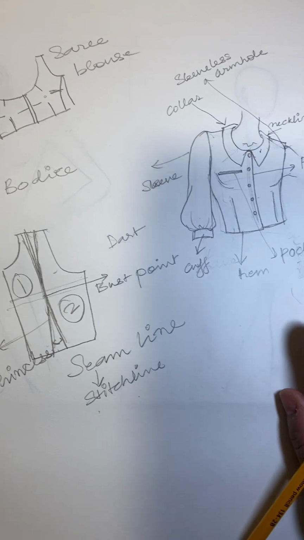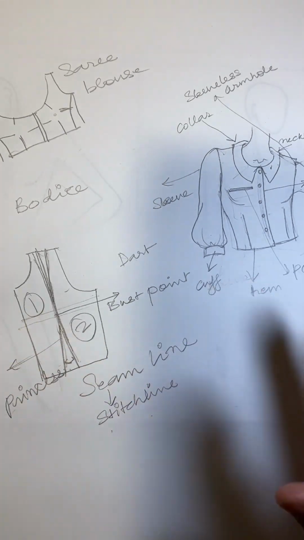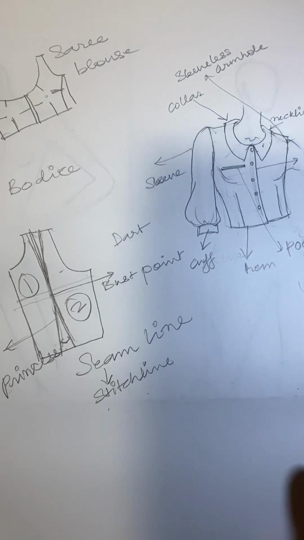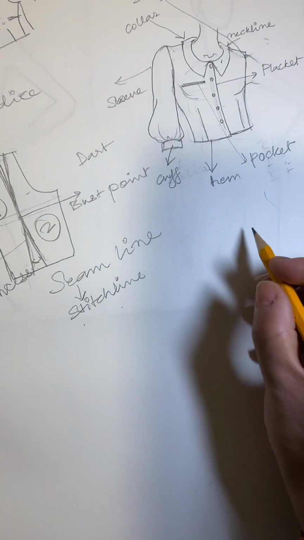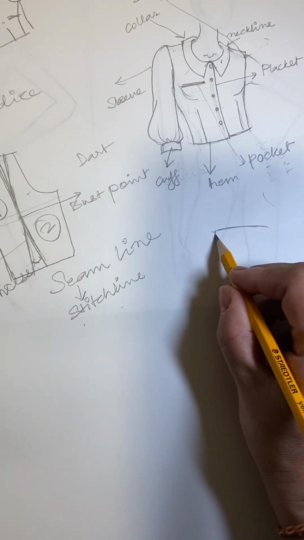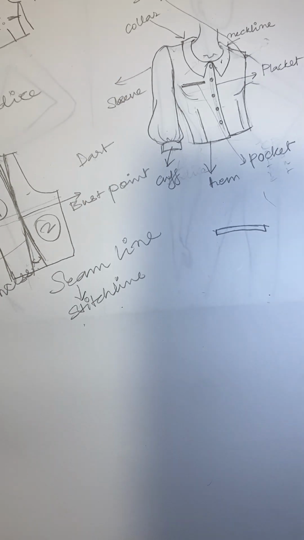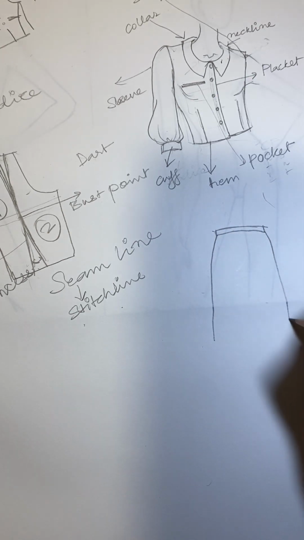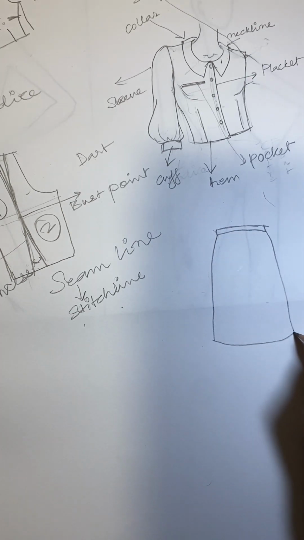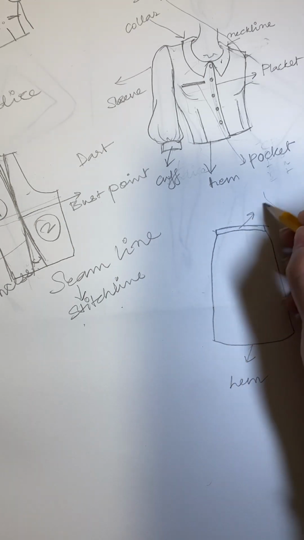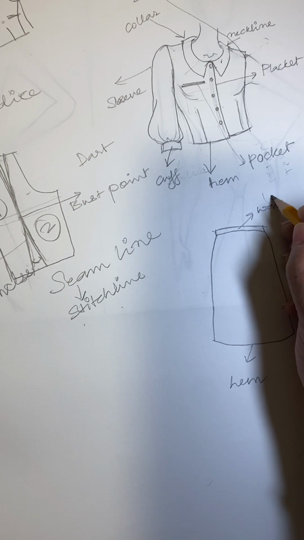I think this is an important understanding of some basics of a garment. If we go into the lower garment, we have something known as a skirt. You all know what skirts are. In a skirt, we have the hem, and this is the waistband.